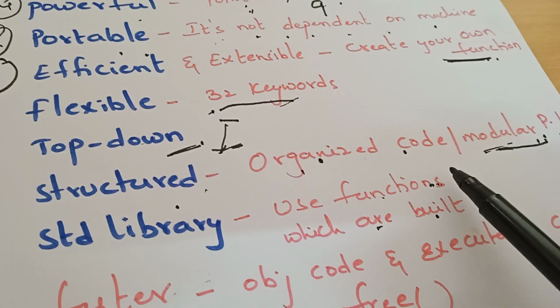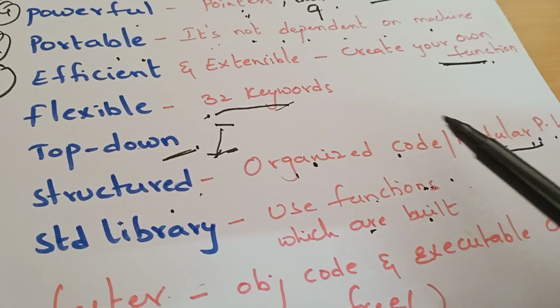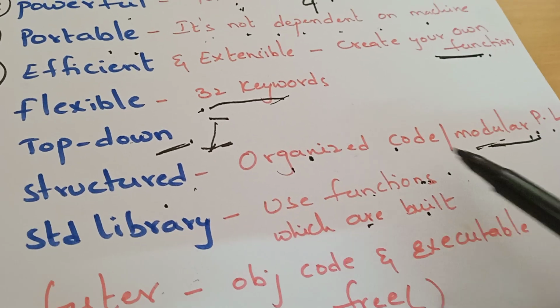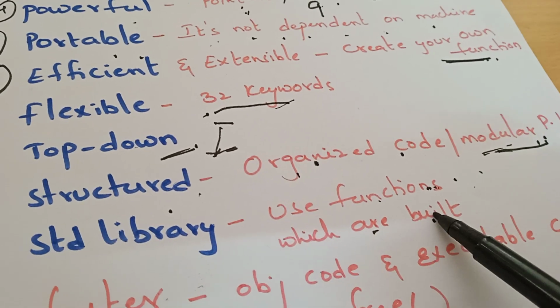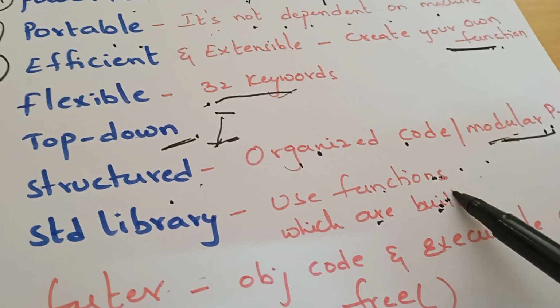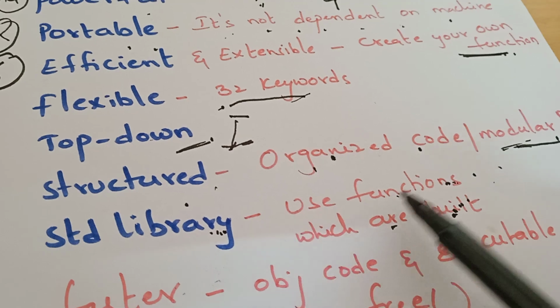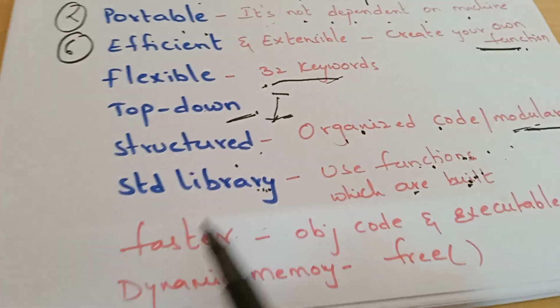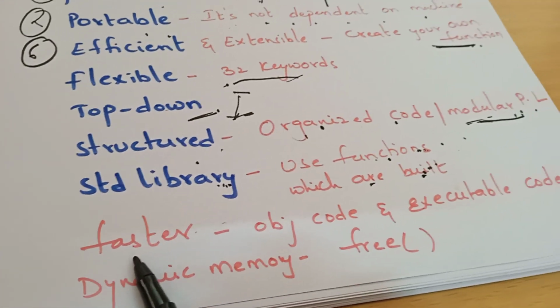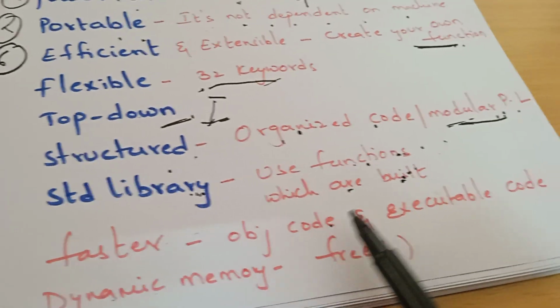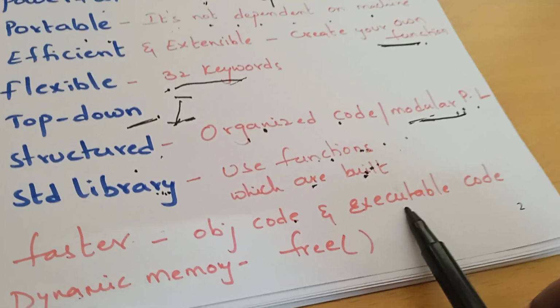We need not worry about how they are written or implemented, because these are already defined by somebody and are available in the library. So as per the requirement of the user, we can just use them. And it is very fast in execution. Once you execute a C program, you get object code and executable code.